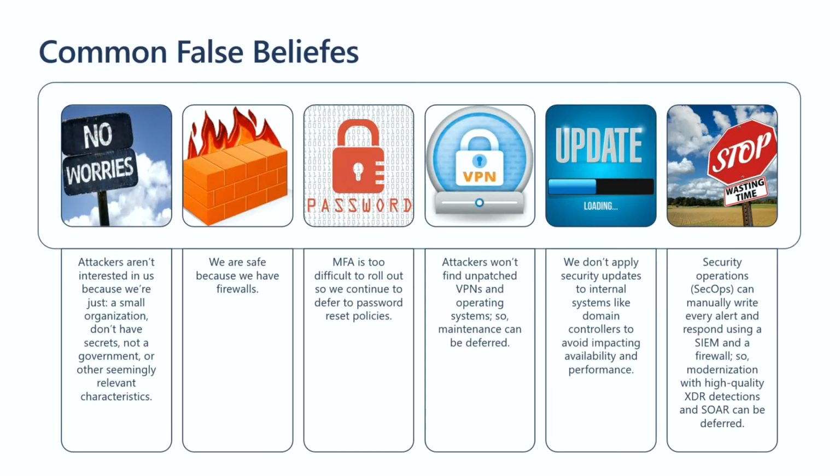So here's some of our common misconceptions. First one is that we're just a small school. Attackers won't see us. They're not concerned with us. And that kind of falls in with security through obscurity. It's not the case. The attackers, they're targeting everyone. And as you've seen from our earlier slides, education is one of the top attack targets.